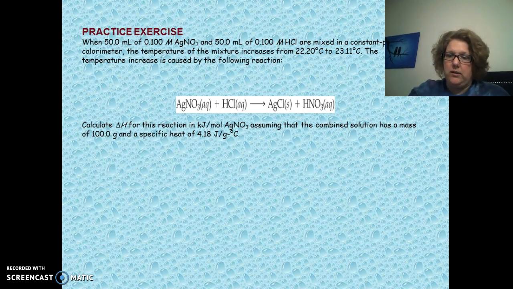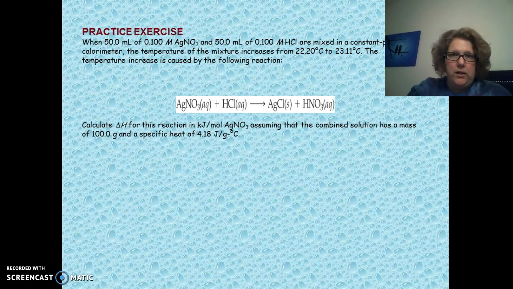And there you set the negative SM delta T of the metal equal to the positive SM delta T of the water, and solve for whatever it is you're trying to figure out, but it's usually the specific heat of the metal. And then type 3 is aqueous chemical reactions. There you just Q equals SMAT the water, change the sign, and then divide by the moles of whatever reactant you're told to use in the problem.